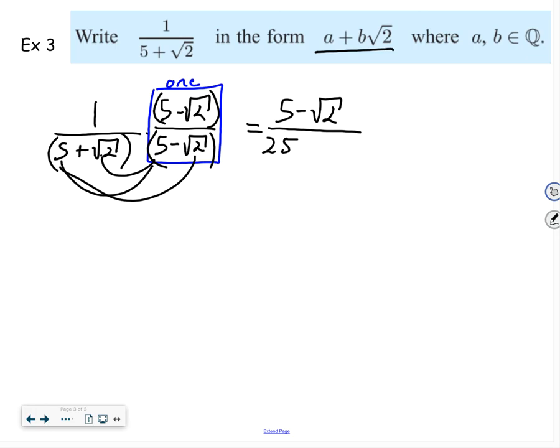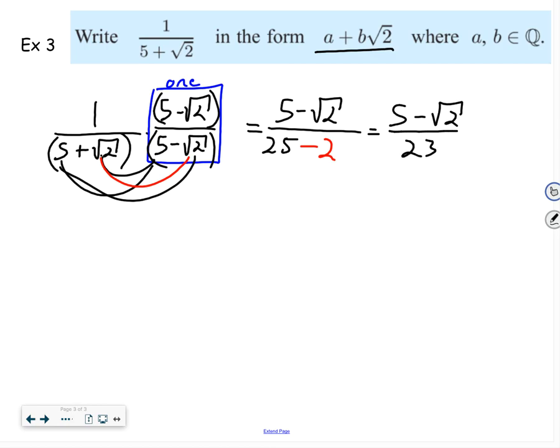My last one is square root of 2 times negative square root of 2. This always follows the pattern of negative square root of 2 times the square root of 2 is 2. So as I simplify this, I get 5 minus square root of 2 over 23.